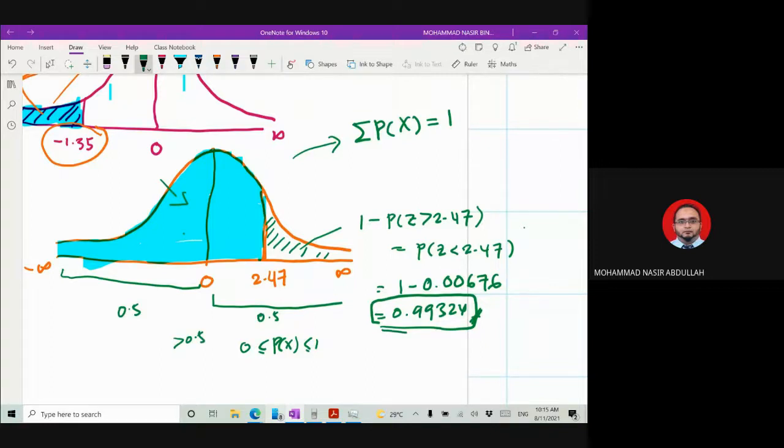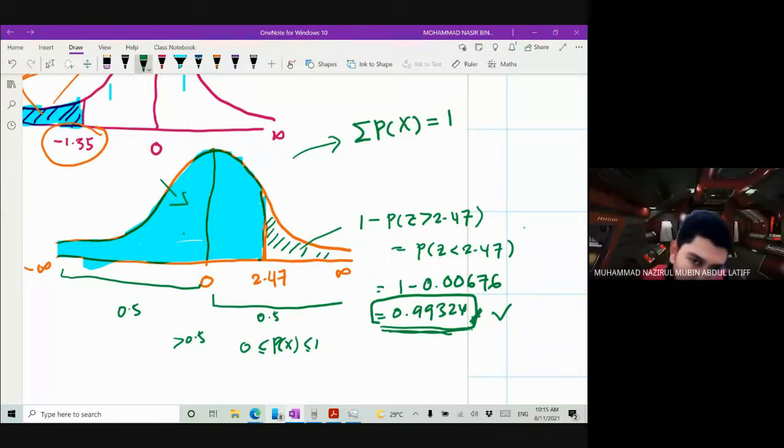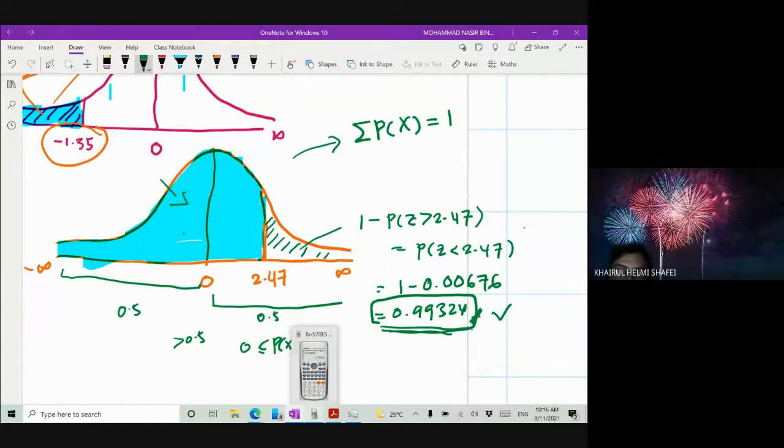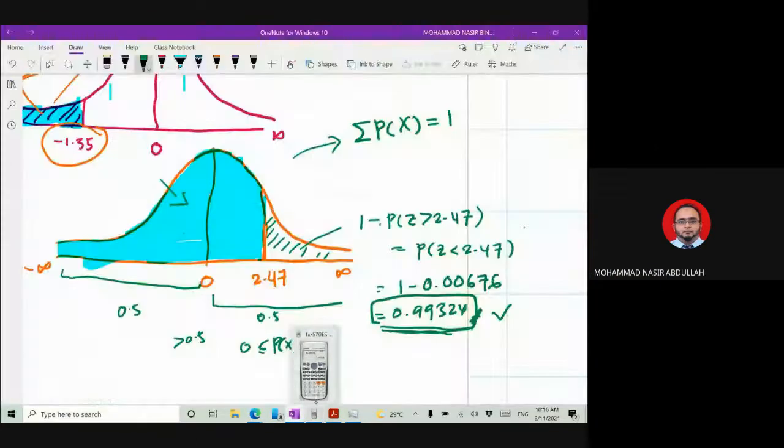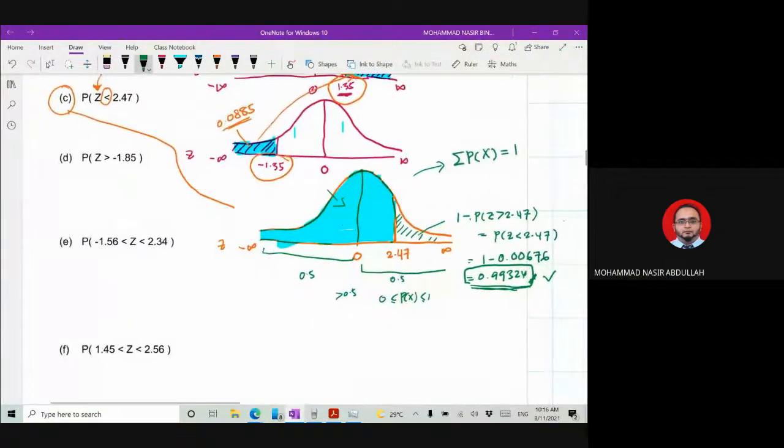So we got 0.99. So this is the correct value. Boleh? Boleh, sir. Alright. So I'm just showing you the hard way. So you tengok dulu the hard way. Kalau you tak faham, then you tanya dulu lah.